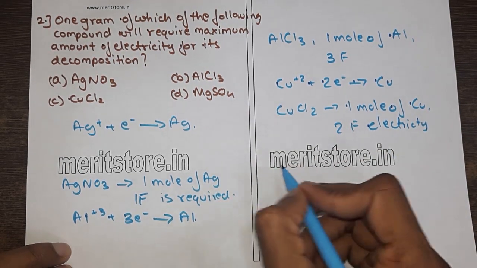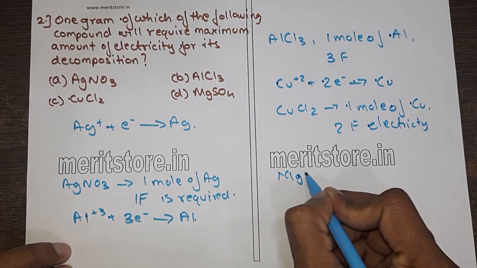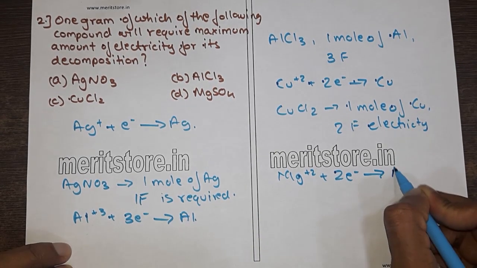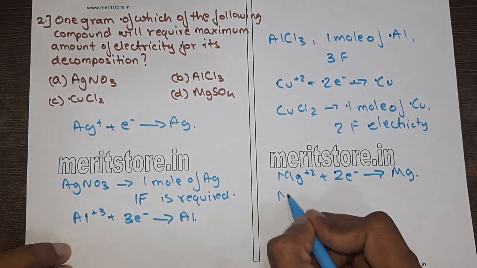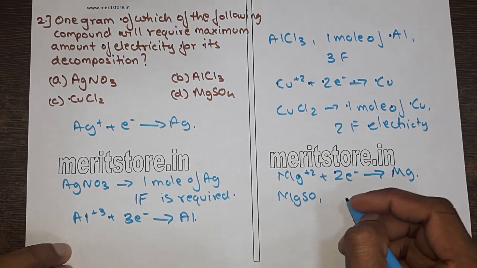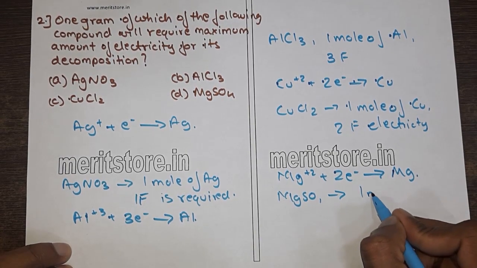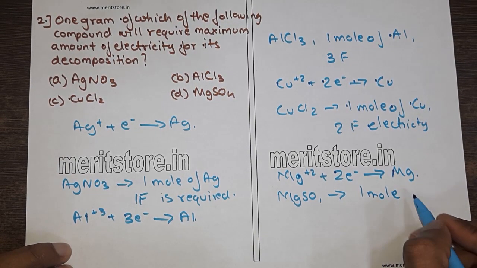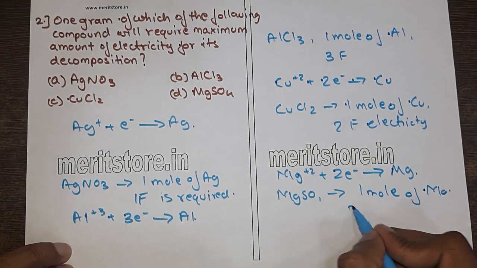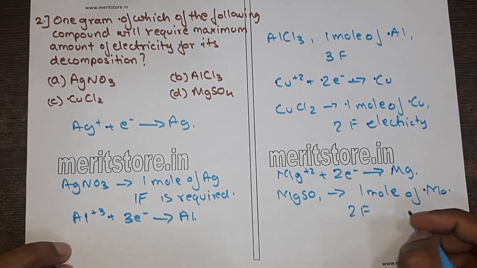Same way for Mg, that is Mg2+ plus 2e-, we get Mg. So for MgSO4, that is magnesium sulfate, to deposit 1 mole of Mg, 2 Faraday of electricity is required.